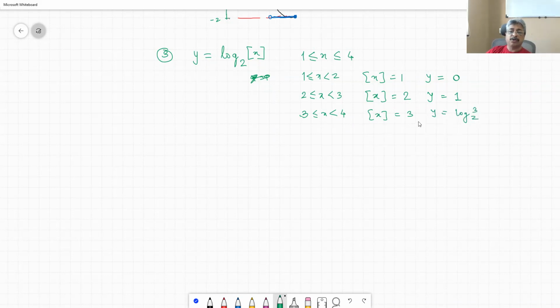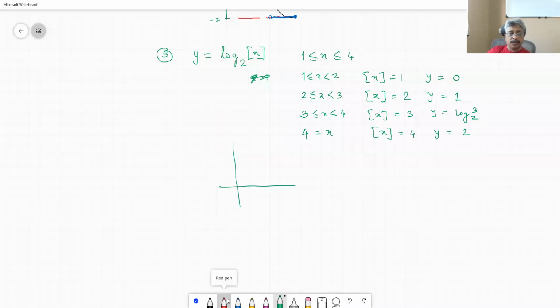Of course, that value is going to be between 1 and 2. So at x equal to 4, greatest integer x is equal to 4, therefore y is equal to 2.